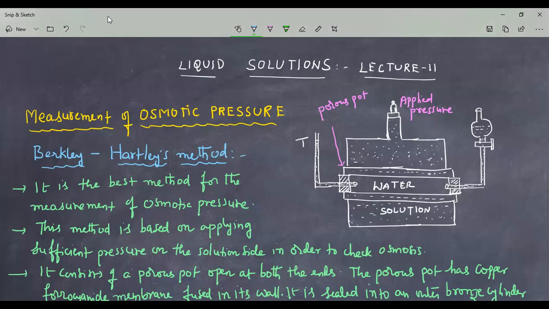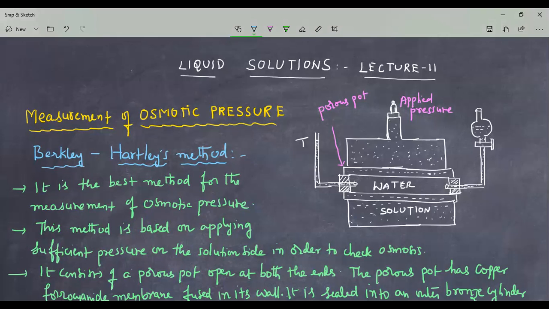This is the concept on the measurement of osmotic pressure. And in this I would like to give you the complete details about the Berkeley-Hartley method.